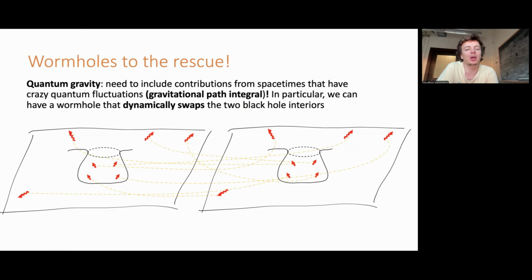But that's a bit too quick, because when we did that, we assumed that these spacetimes involving the black holes were totally fixed. And we don't live in a universe where the spacetime is fixed. We live in a universe where the spacetime is dynamical. And more than that, it should be a spacetime that is quantum mechanical, because it's dynamically coupled to quantum systems. So we need to be doing a calculation in quantum gravity.